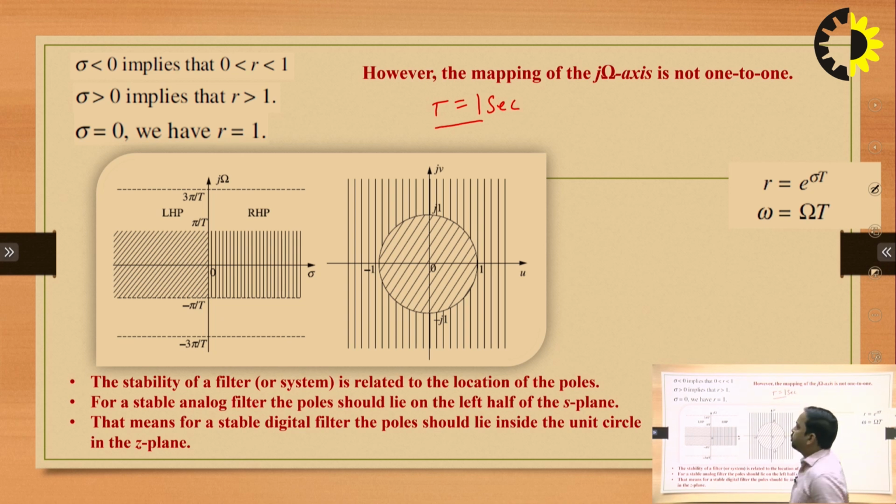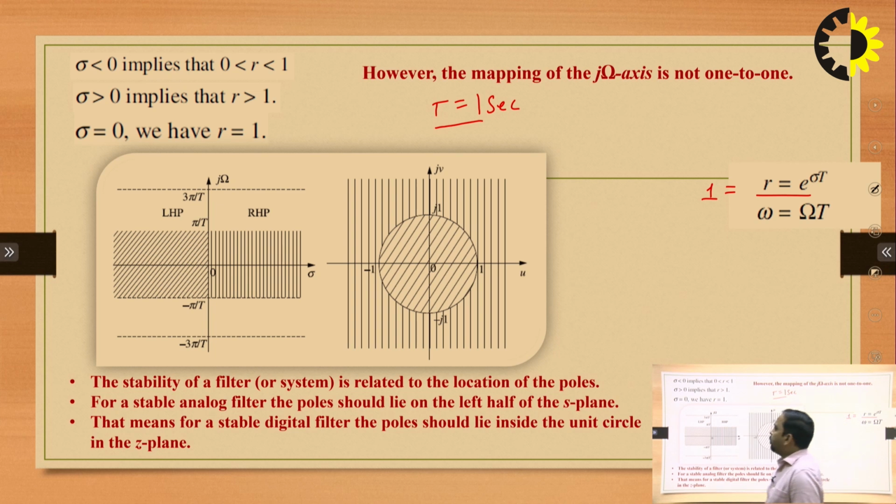If sigma is less than 0, any negative quantity, then e raised to power some negative quantity will definitely be less than 1. And when sigma is greater than 0, e raised to power some positive quantity, definitely the value must be greater than 1. And if we put sigma equal to 0, I'll be getting r equals 1.